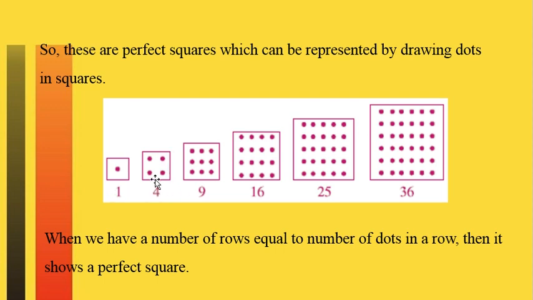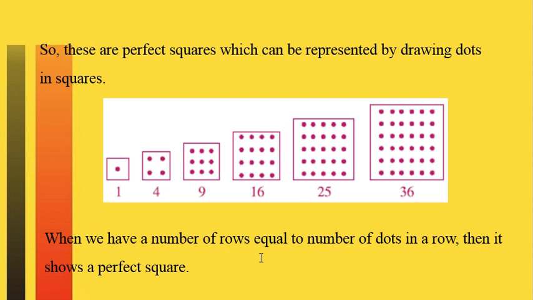Similarly, in the second one, the length is 2 and the breadth is also 2, means the same sides are there. Similarly for 3 and 3, similarly for 4 and 4, and you are observing the same numbers as we have studied right now: 1, 4, 9, 16, 25, 36. So this is the pattern we can draw for the perfect square numbers.